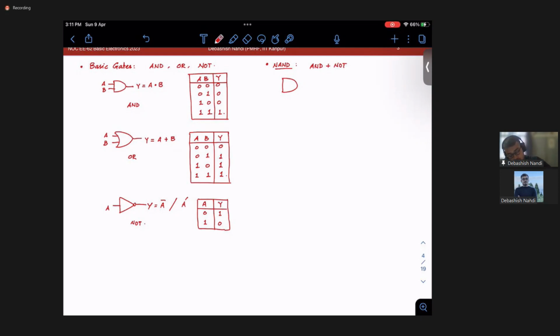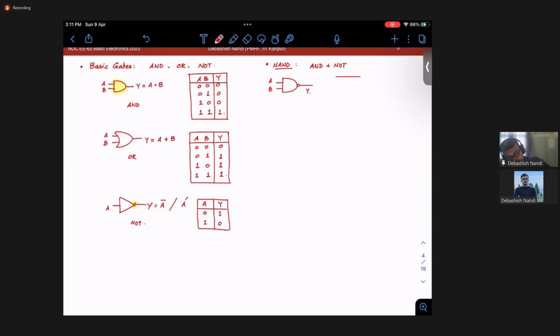So the symbol is like this. You take this from the NOT and this from the AND and you make this kind of symbol, right?